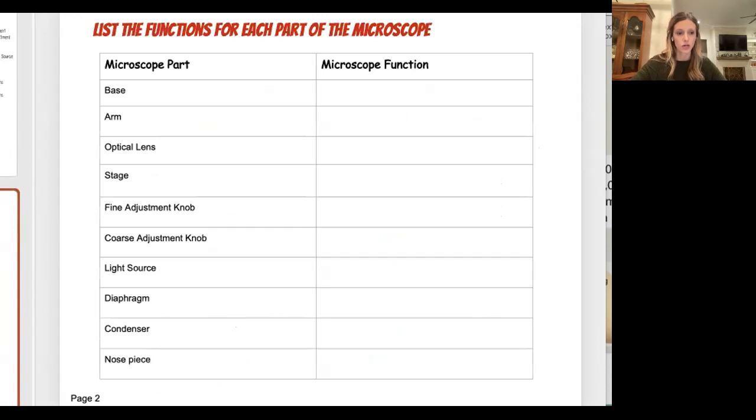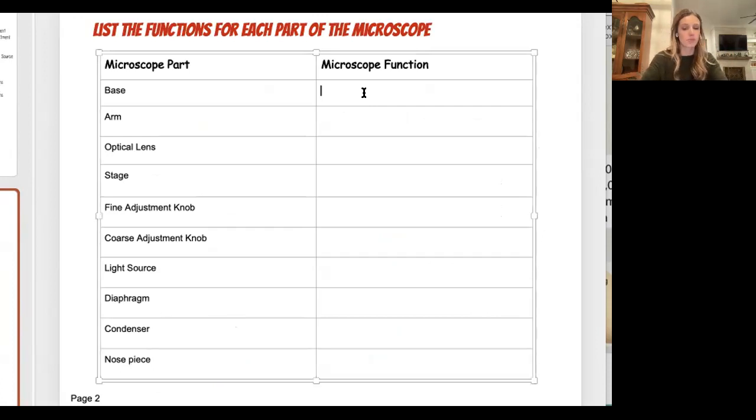Now go to page 2. I'm basically going to help you fill this out, and you could use Google or what I was talking about earlier when I was going through the notes, but I'm just going to type through it with y'all. The base is basically the microscope support.